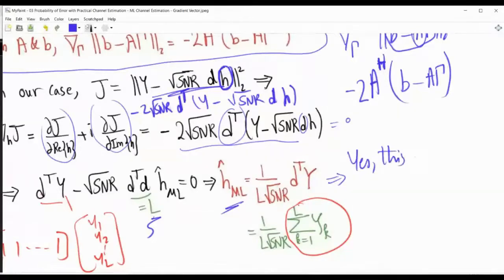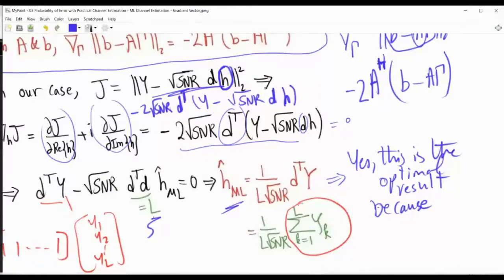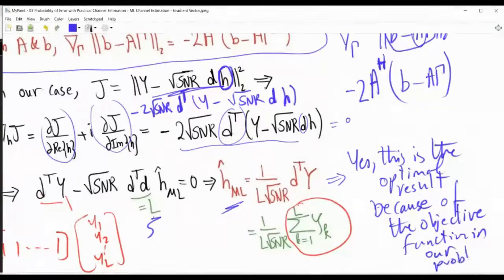Yes, this is the optimal result because of the objective function in our problem. The objective function in our problem is one of those objectives for which just computing the partial derivatives and equating to 0 is sufficient for optimality.